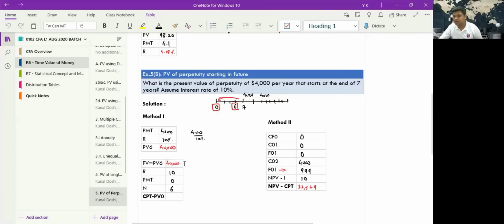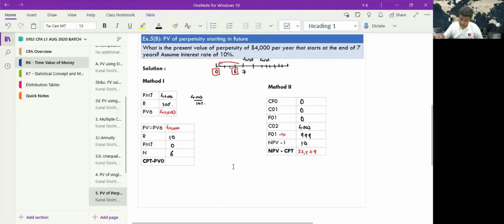Your answer would be exactly the same, 22579. This is the linear method, but this is also acceptable. The logic remains the same, 22579. Of course, I'm sure by now you would be more comfortable with the cash flow function whenever there are weird cash flows.